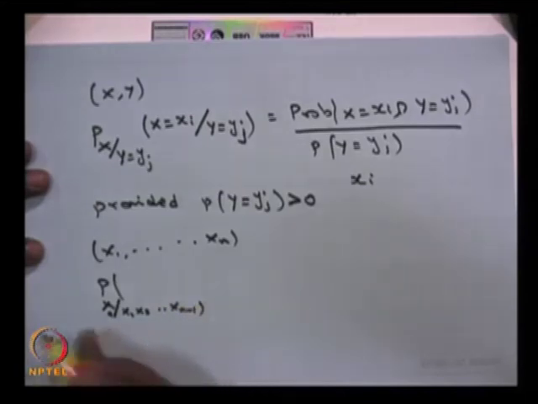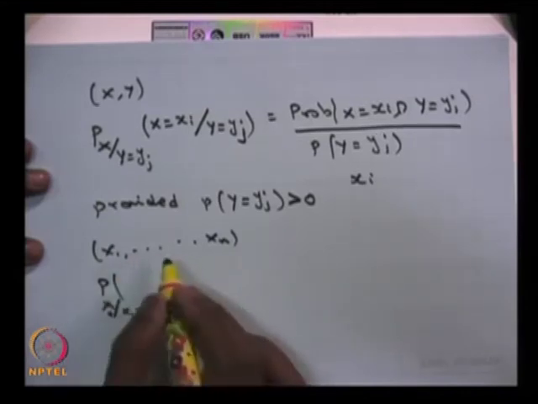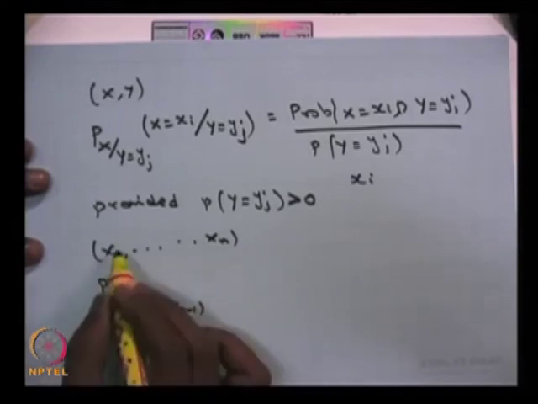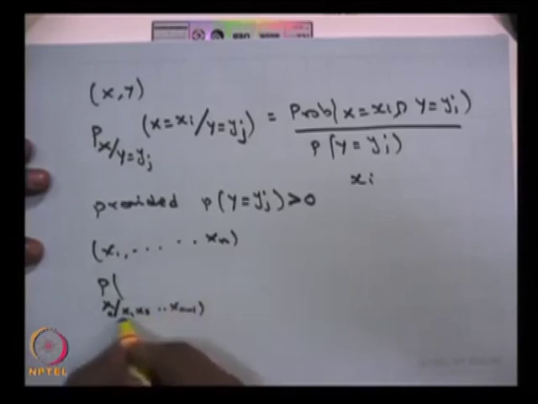That means it is still a one-dimensional random variable Xn, given that the random variables X1 to Xn minus 1 have already taken some particular values. Similarly, you can go for a joint distribution of a few random variables, given that all other random variables have already taken some value.